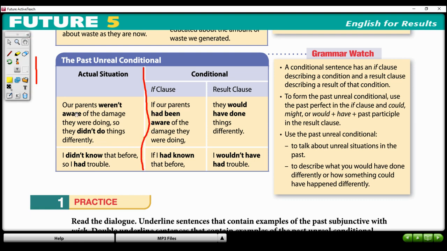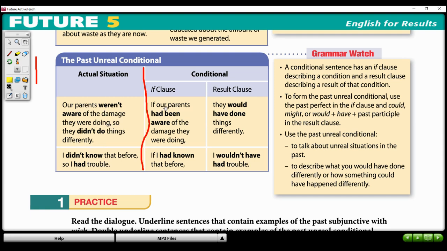So in situation 1, our parents were not aware, or they did not know of the damage they were doing, so they did not do things differently. And again, we're talking about the environment. So our parents' generation did things and made decisions that hurt the environment, okay?